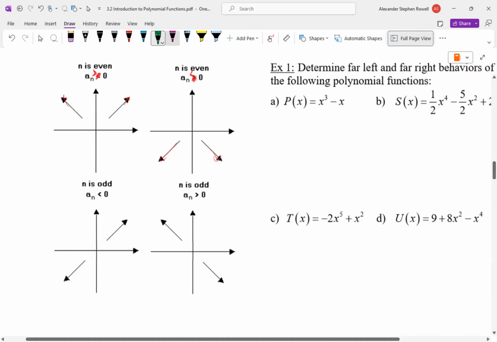If the leading exponent is odd, this typo is awful, I'm sorry, and the coefficient is positive, then it goes right and up, left and down. If the leading exponent is odd and the lead term is negative, it goes left and up, right and down.